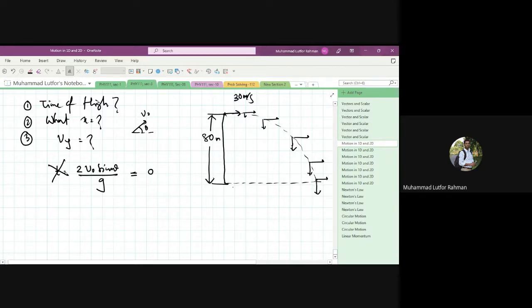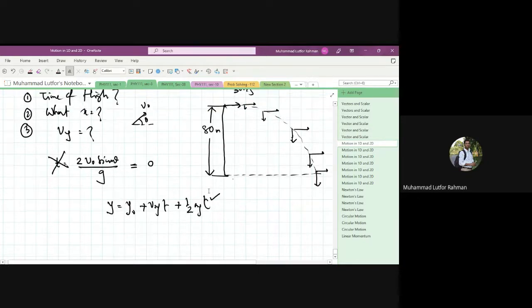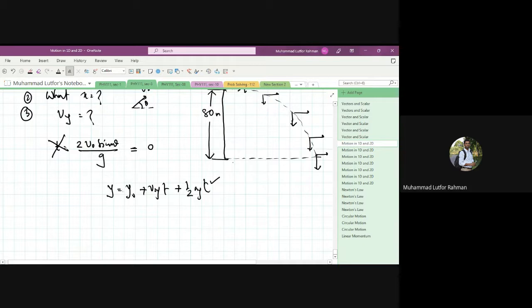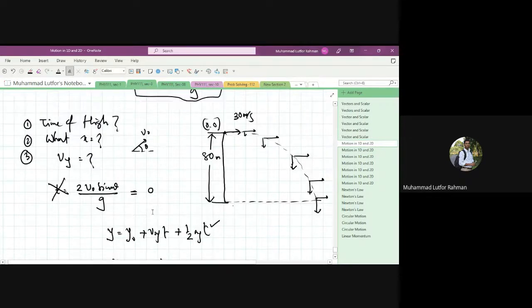That's the case. Then I can use y equal to y naught plus v naught y t plus half of a y t square, this equation, to find out the time. Say if I choose this as my origin over here, then I can write y naught is 0, then this y will be minus 80, and v naught y is 0, because initially it was thrown in the horizontal direction.